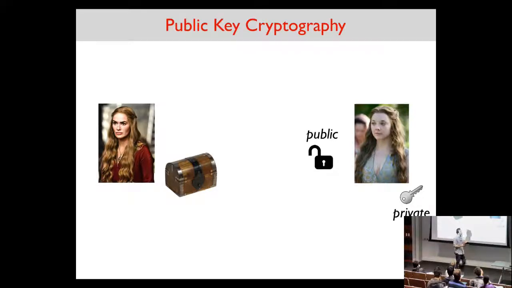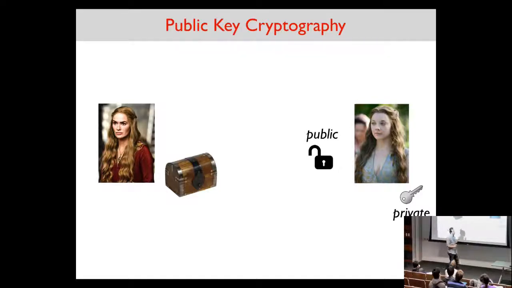What you do is you have a lock and a key that opens that lock. The key, you keep secret to yourself. You don't share it with anyone else. But the lock, you say to people, if you want to send me a message, use this lock to lock that message and then send it to me.